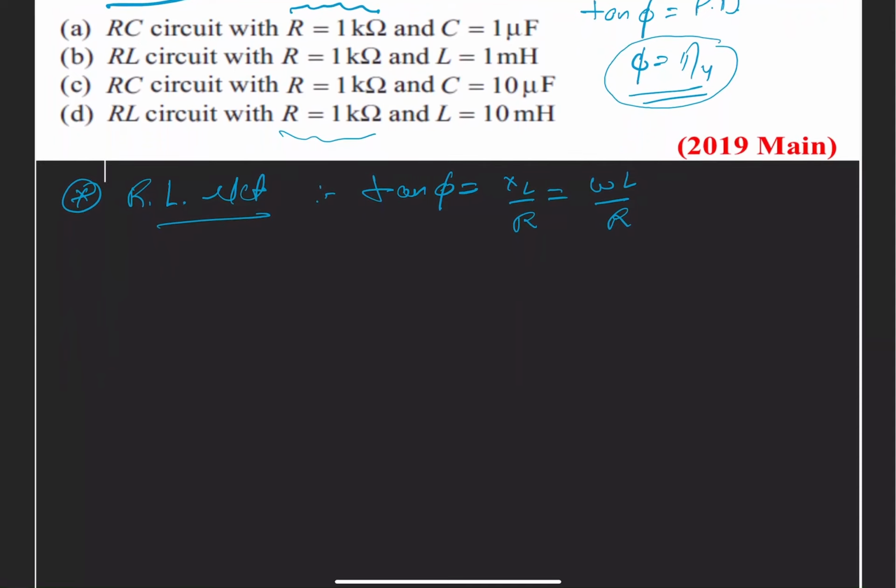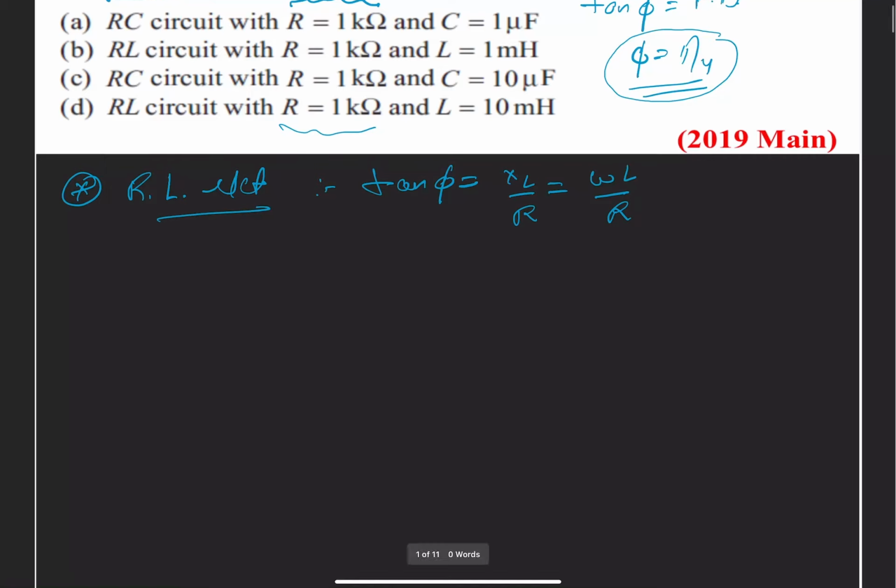And we are given that this phi is pi by 4.